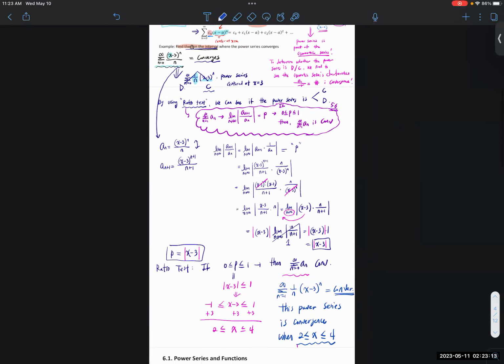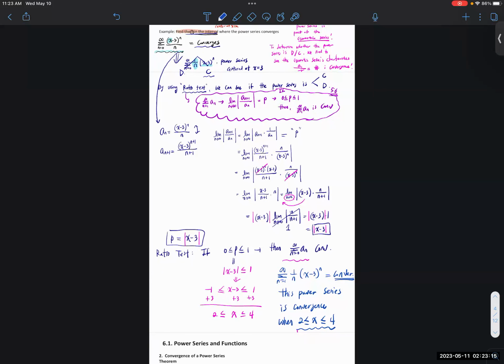I hope this is not crazy work, just a little bit of thinking. Our goal is not only to determine whether this power series is convergent, but to find the particular x values that make this power series a convergent series.